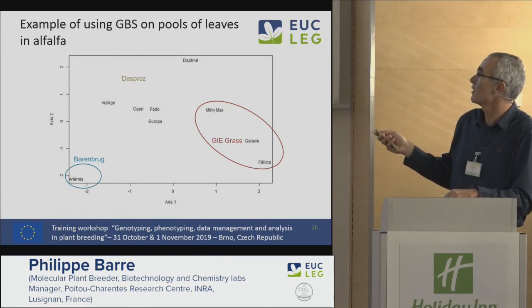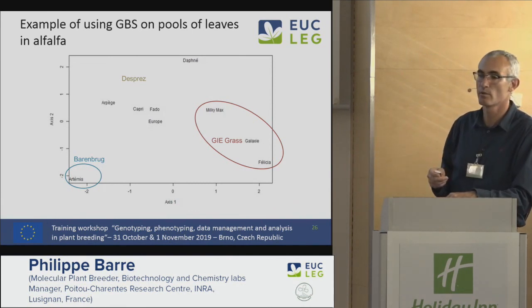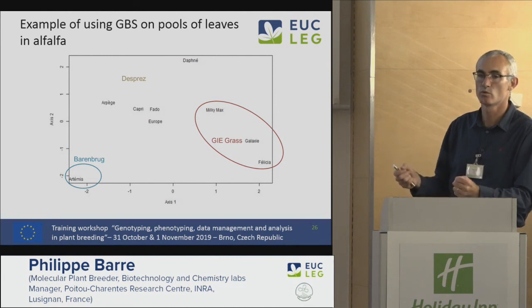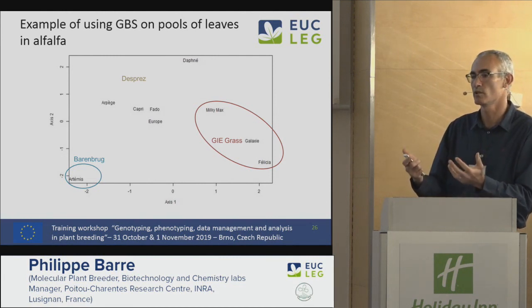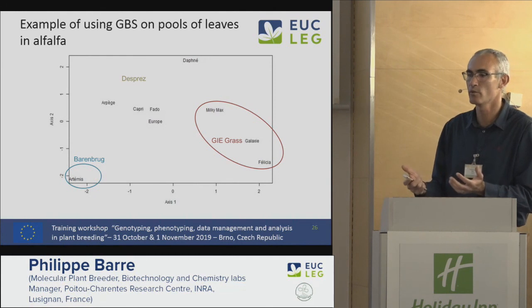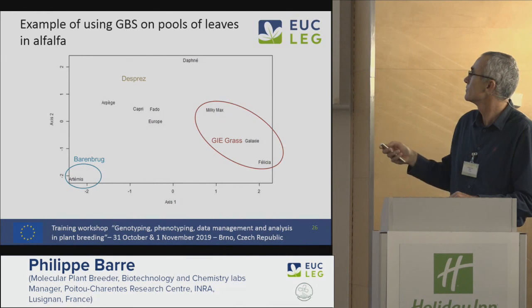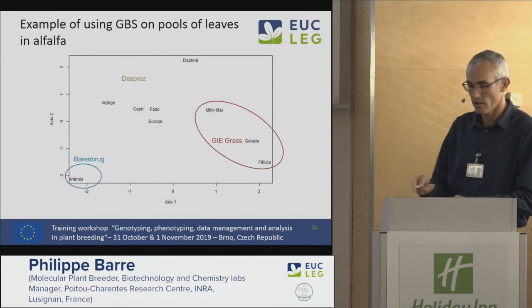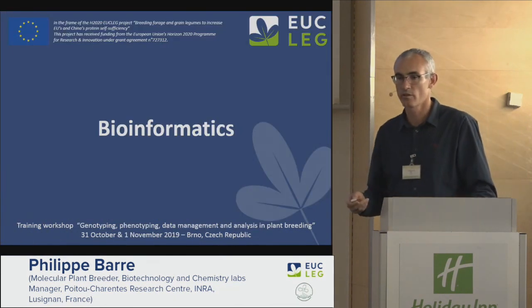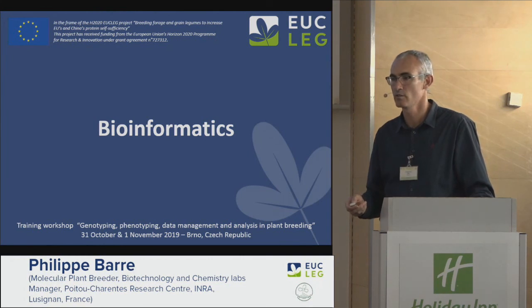And I hope that's something that we will be able to use to have new varieties with good value that we couldn't distinguish. So I think that's it for the library preparation.